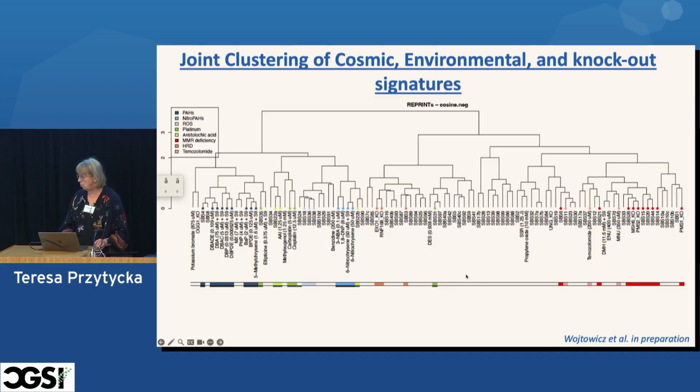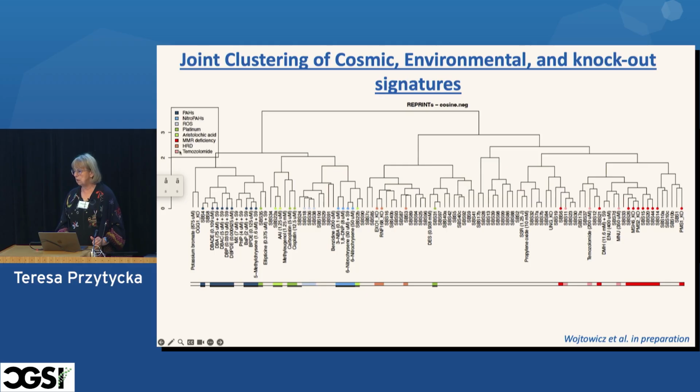This is work in progress. We took all those COSMIC signatures, all those environmental signatures and knockout signatures, and clustered them together using reprint. With this big set of signatures, there are many that we understand a little bit, so we expect them to have the same DNA repair mechanism.